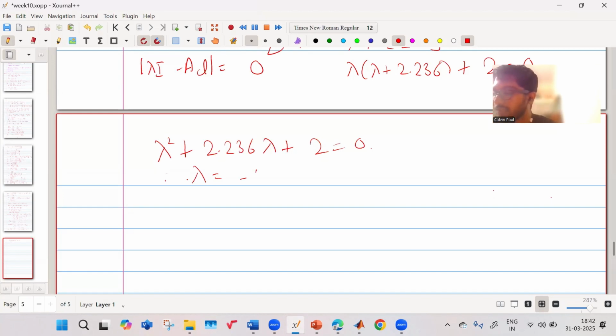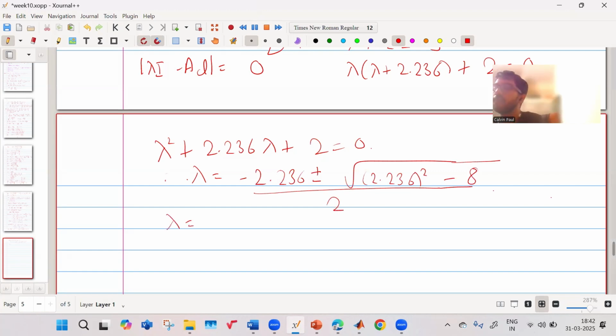So lambda is equal to minus 2.36, so minus 2.36. This square we have to use, 4 AC, so that is 8, over 2. Lambda is equal to minus 2.36 plus minus square root of 2.36 square minus 8.